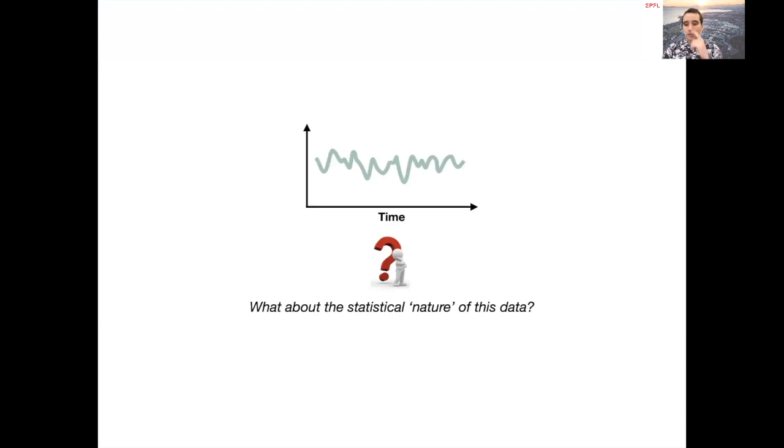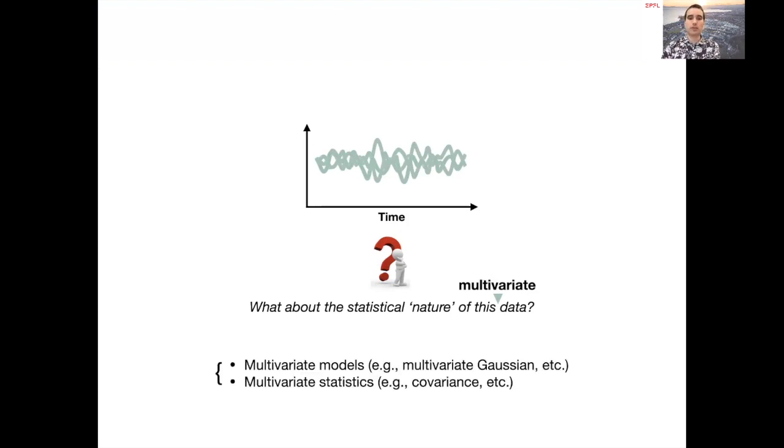What's the difference with respect to examples 1 and 2 in the case of fMRI time series? Well, the only difference is that we are now in the multivariate case. So instead of having univariate metrics and models, we'll have multivariate metrics and models. Conceptually, it's going to be exactly the same as in examples 1 and 2. It's just going to be a bit more complex because we are in the multivariate case.